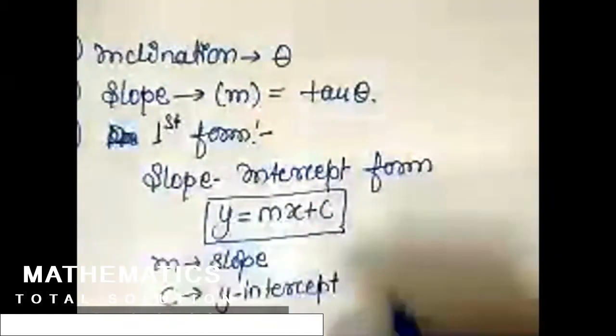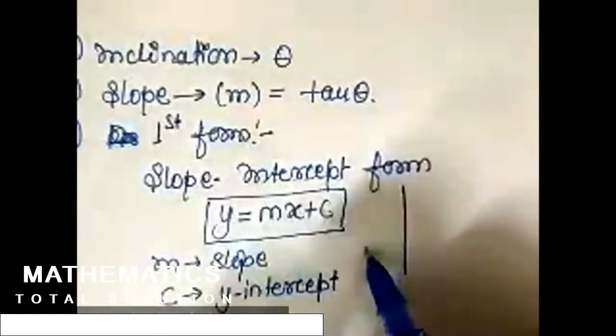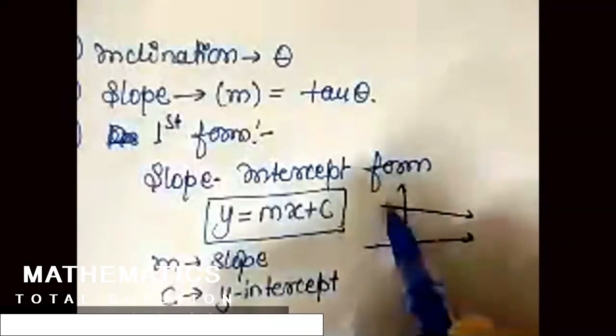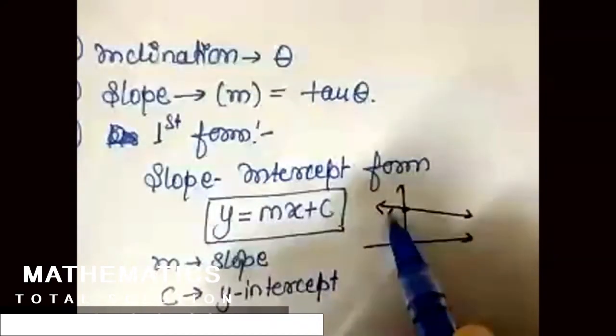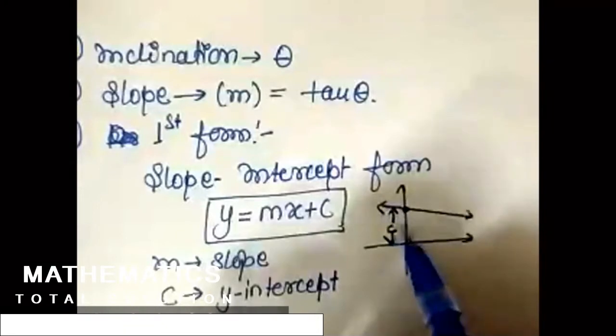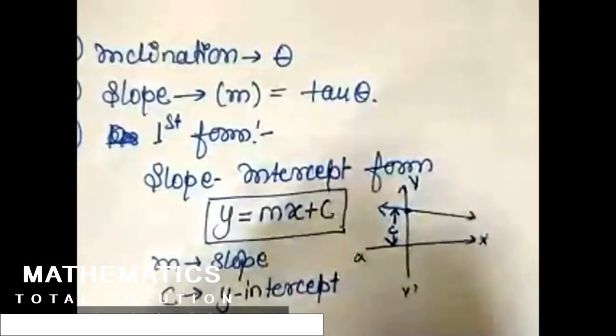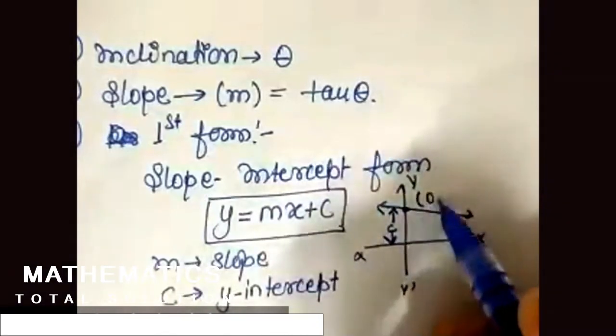Slope intercept form, and we use this formula. And I told you yesterday, what is the meaning of y-intercept? Y-intercept means, beta, the distance where the line intersects the y-axis. Is this clear? This point will be (0, c).